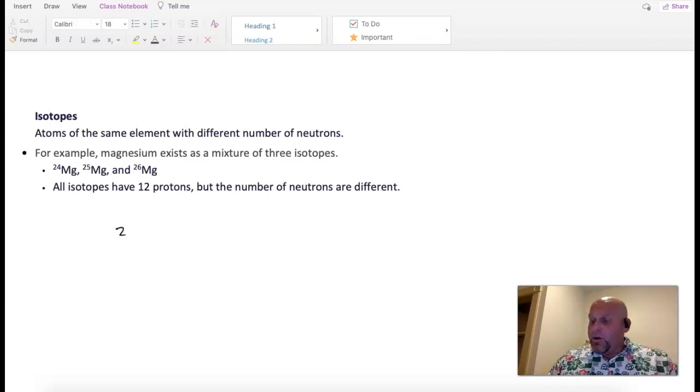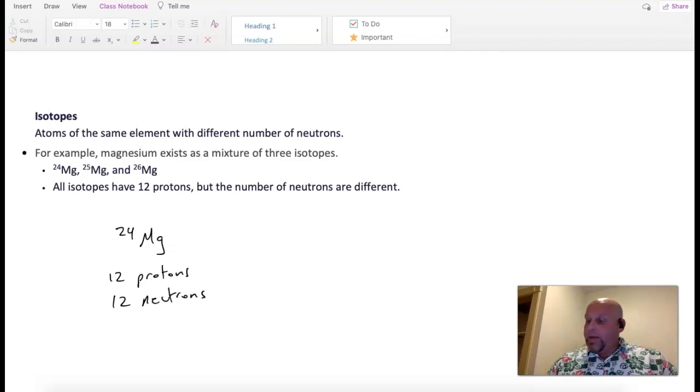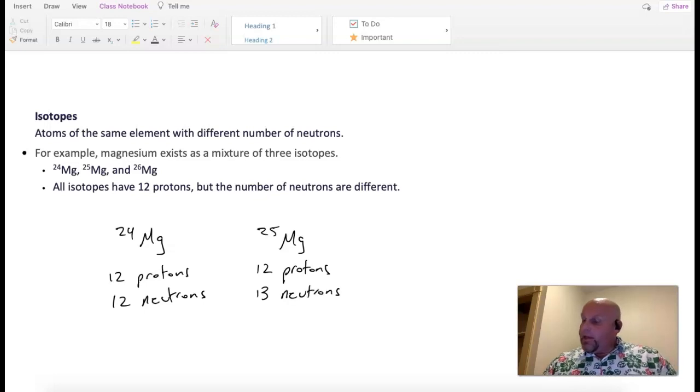So for the magnesium 24 isotope, I would have 12 protons and 12 neutrons. For the magnesium 25 isotope, still have those 12 protons, but now I'm going to have 13 neutrons. And finally, for the magnesium 26 isotope, 12 protons and 14 neutrons.